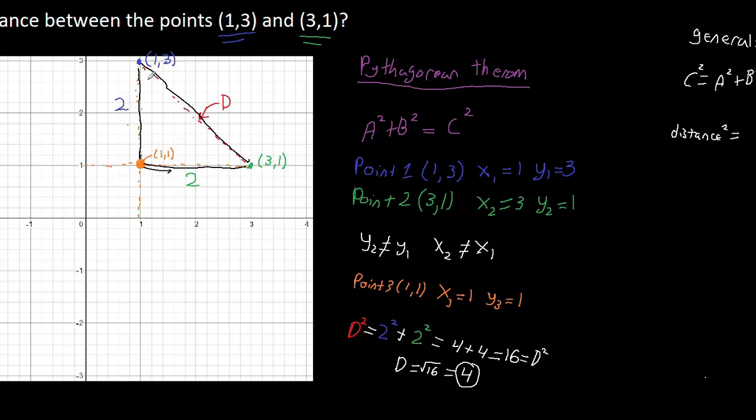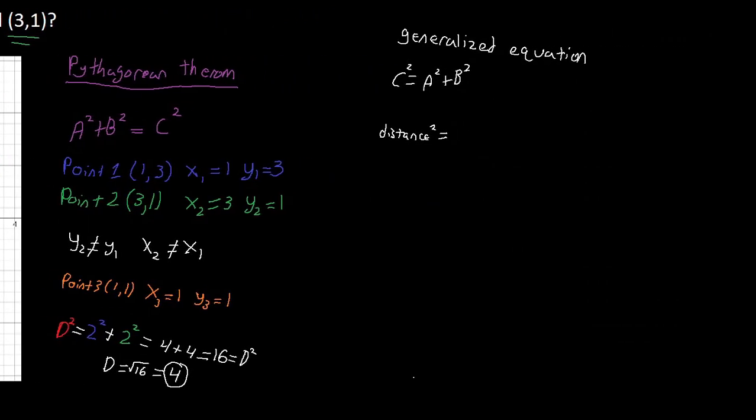But this distance right here is just the difference in the x's between the points. So this 2 is the same as the absolute value of x2 minus x1. But since we're squaring them, we don't need that absolute value. So a in this case is going to be equal to x2 minus x1 squared, plus, what was b? Let's go back and take a look.